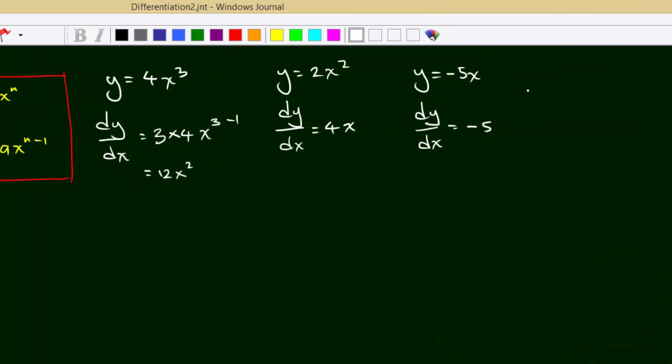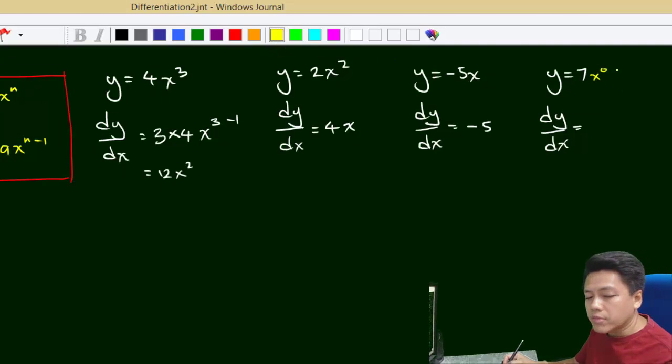Lastly, y equal to 7. Then dy/dx is equal to what? Now 7 with nothing there. So can we just imagine there is an x to the power of 0? Because x to the power of 0 is 1 anyway. So let's just put it there. According to the formula, n is equal to 0.